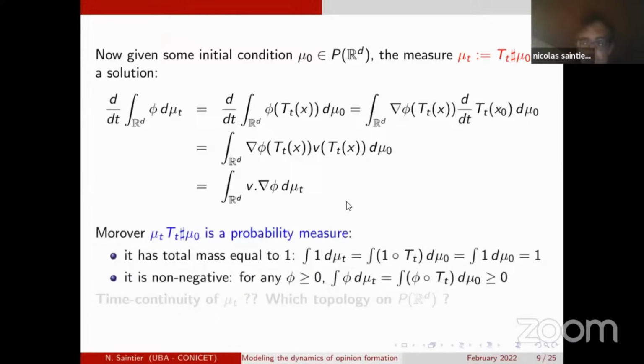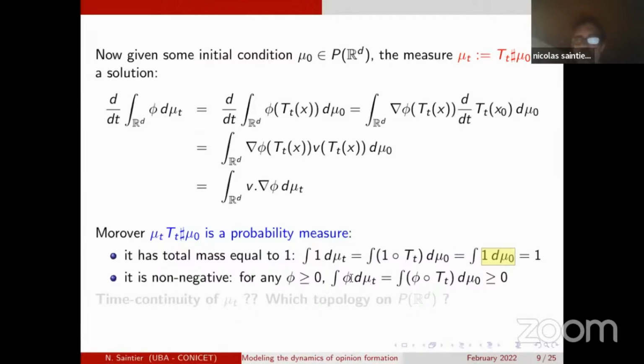And this is completely obvious, because to check that mu t has total mass equal to 1, I just have to integrate the function constantly equal to 1 and use the definition of the push forward, and this gives me the total mass of mu naught. And since mu naught is a probability measure, its total mass is equal to 1.